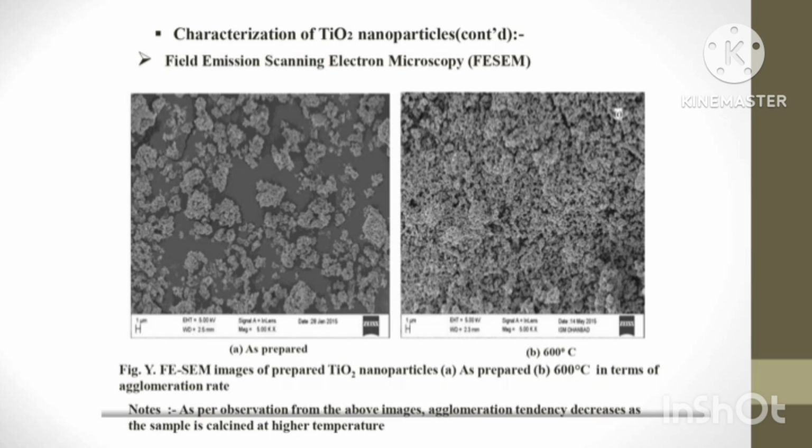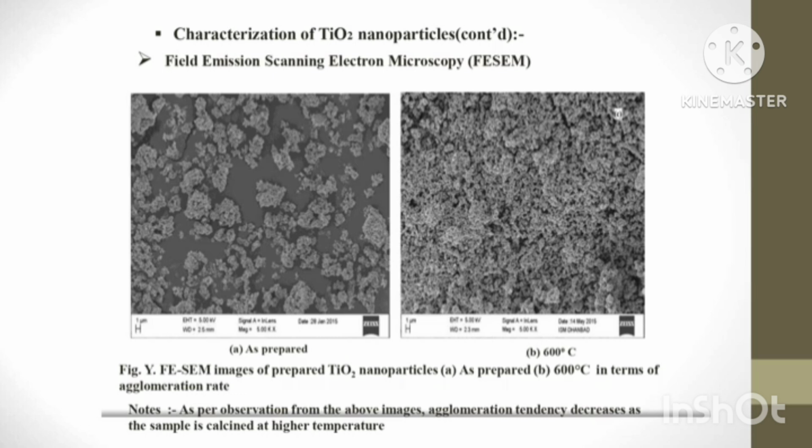Now next, in the next slide you can see figure Z, FESEM images of prepared TiO2 nanoparticles. A is as prepared, which means the way you have prepared it, without modification. Why am I putting as prepared in every slide? Because you have to compare the as-prepared TiO2 nanoparticles with the modified ones. So the first one should be as prepared.